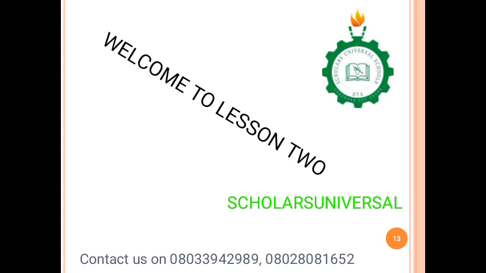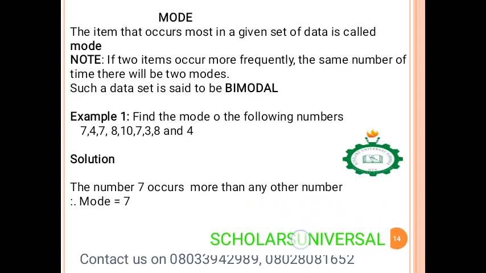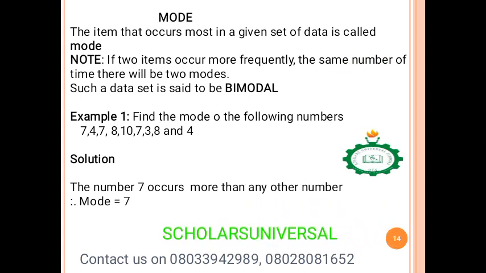Welcome to lesson 2. Now we want to look at mode. The item that occurs most in a given set of data is what we call the mode, an item that occurs frequently. If 2 items occur equally frequently, there will be 2 modes.